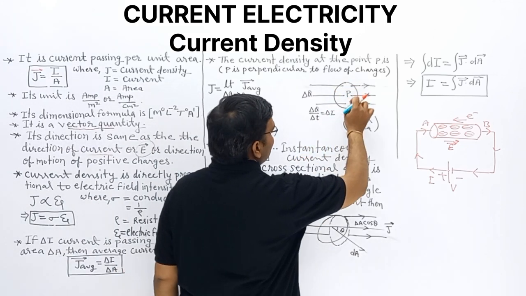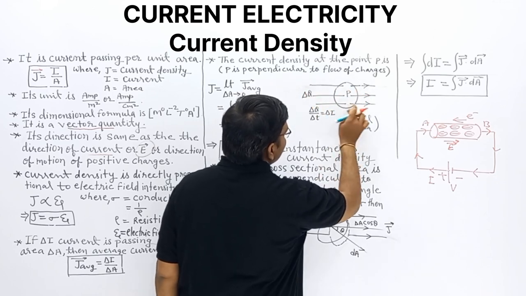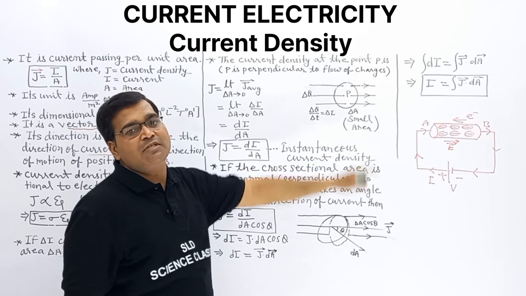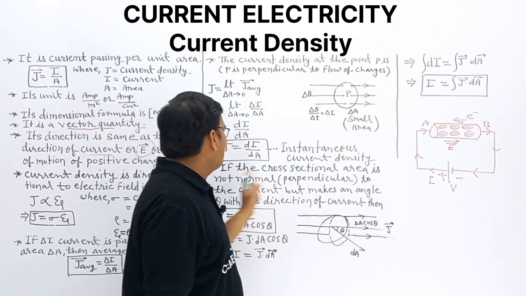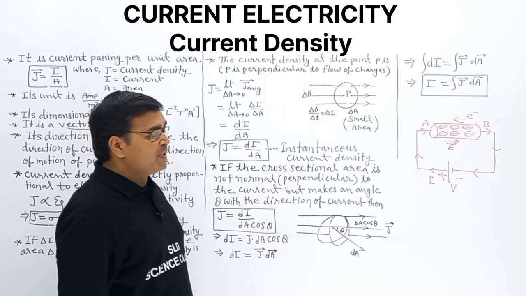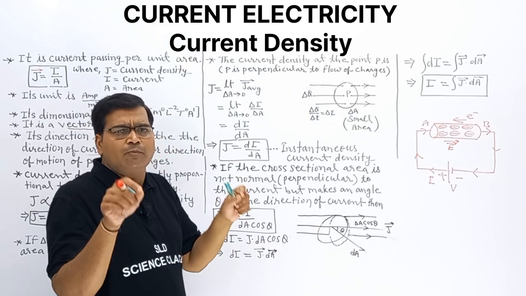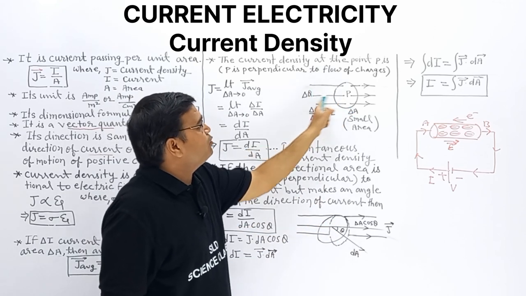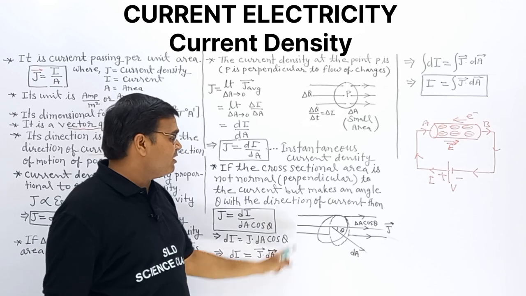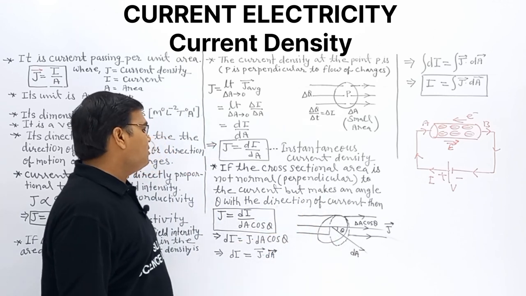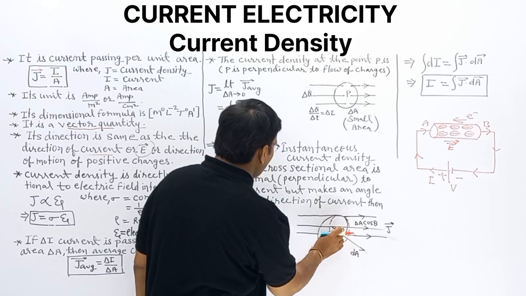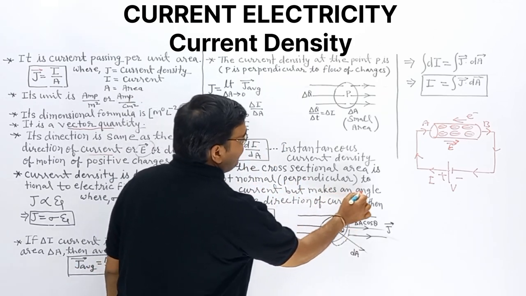Normally this cross sectional area is perpendicular to the current. But if the surface is moved at an angle theta, not normal, meaning not perpendicular, and the current direction is not perpendicular to this surface, then what will happen? The area is not normal to the current but makes an angle theta.